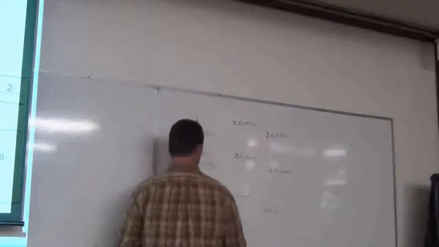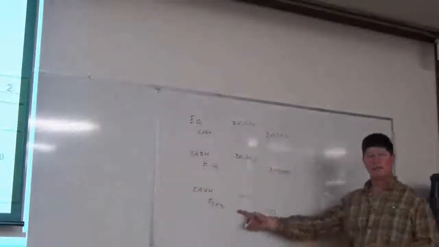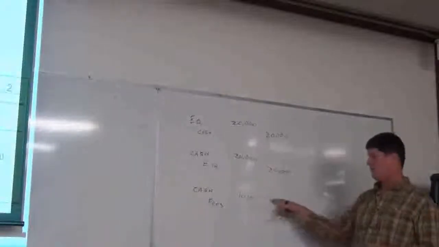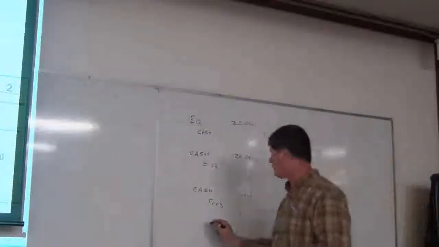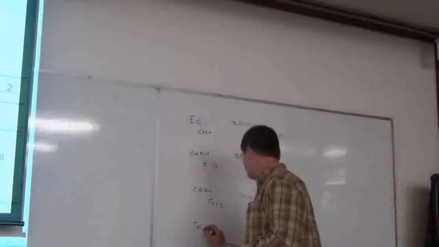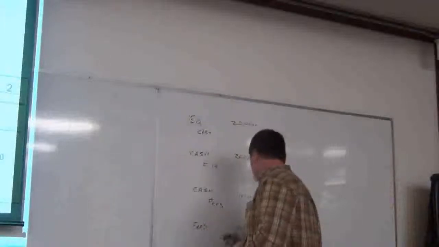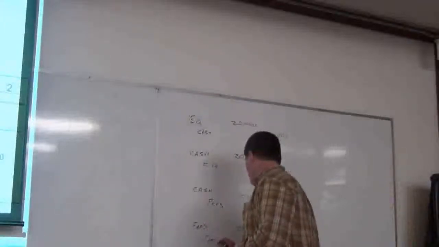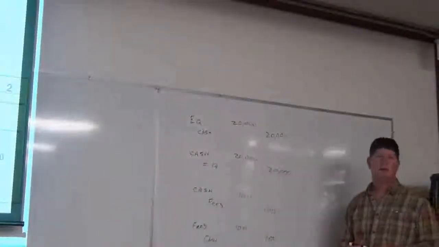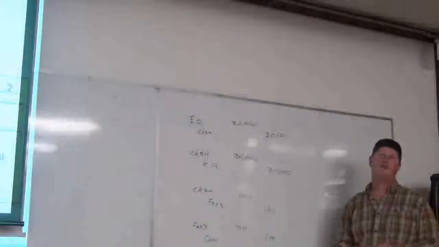If you reverse it, you've got fees income debit and cash credit for the same $100. And that's for a lost package? Well, I have to refund him, don't I?